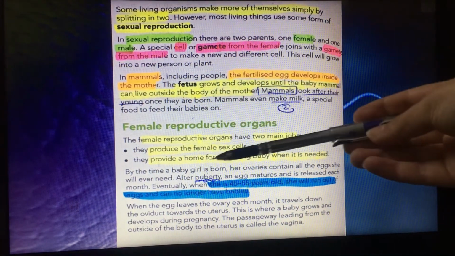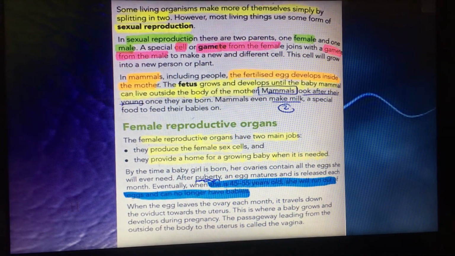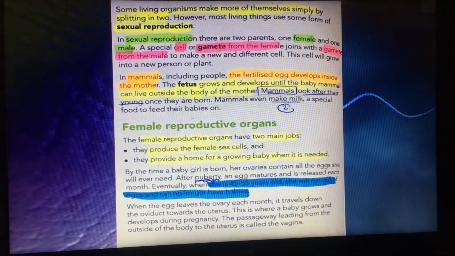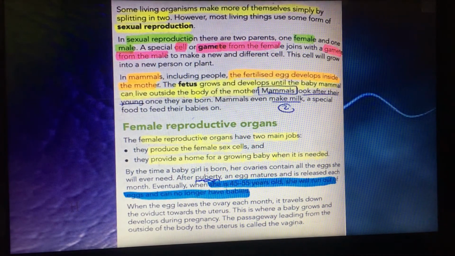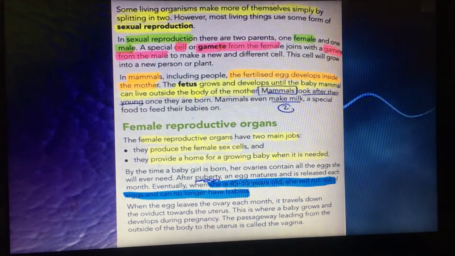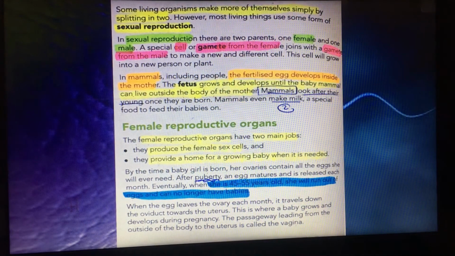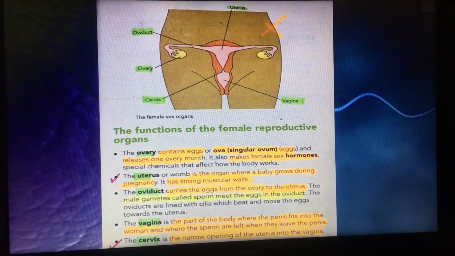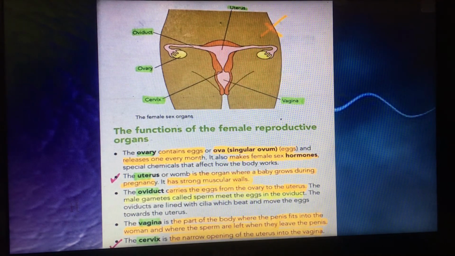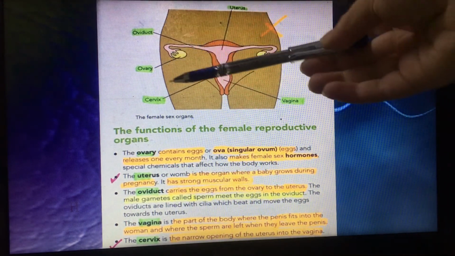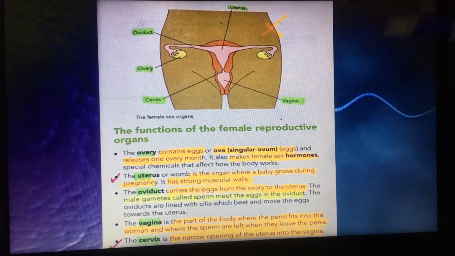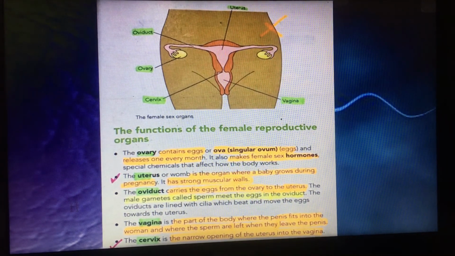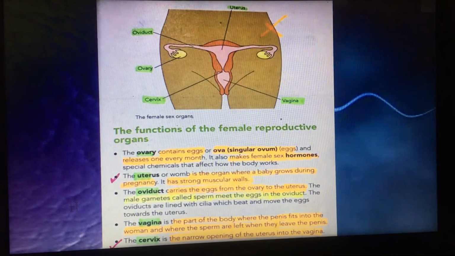The first one is that they produce the female sex cells, and also they provide a home for a growing baby when it's needed. Now we have five main parts: uterus, oviduct, ovary, cervix, and vagina. Here we have the function of each part, so please highlight them and study them.